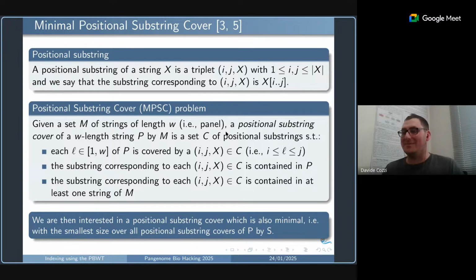The last problem that can be solved using the PBWT is the minimal positional substring cover, and this is a problem I worked on during the last year. In this case, we want to cover an external query using a set of substrings that are completely covered in our reference panel. So each position of the pattern must be covered, and obviously we are interested in minimizing the size of this set of substrings.